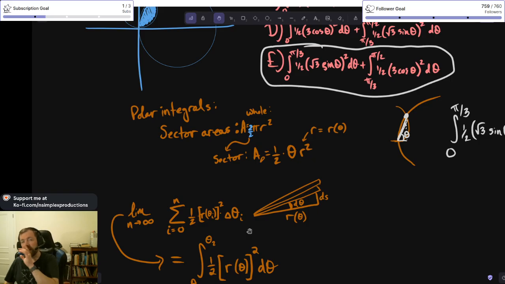I did this like every single day in my Calc 2 class, and my students got so pissed off at me. I was like, okay, we're going to start with the formula for one thing, and then we're going to do all of the infinitesimals, and then build the formula out of it to say, oh, look, this is the definition of integral. And they're like, we get it. I'm like, do you? Do you? Let's do it again.